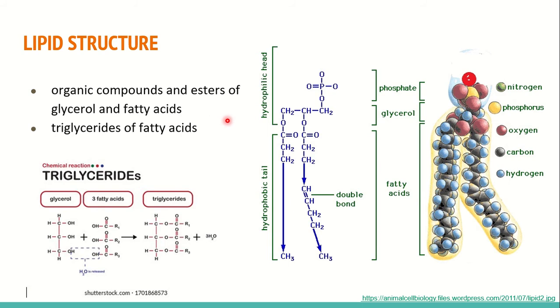The basic unit of your lipids or fats is composed of glycerol and fatty acids. We call that simply triglycerides, or triglycerides in short. This is what constitutes the basic unit of your lipids or fats.